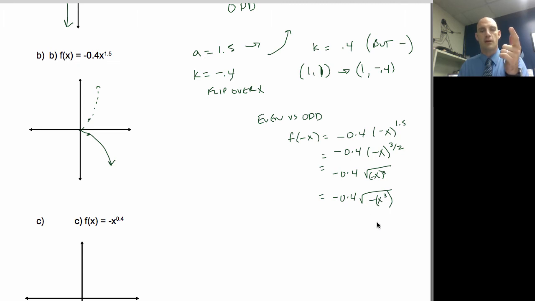If I put in a 2, it's negative. If I put a negative 2, it's still going to be negative, so it's undefined. So this is undefined for x less than 0.